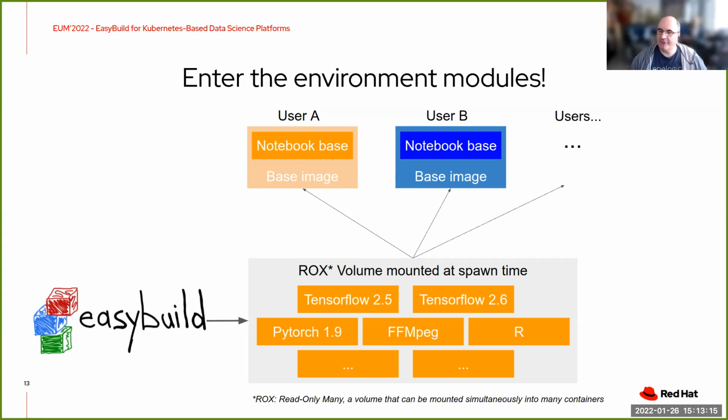Meaning if I want to start working with TensorFlow and then with PyTorch, I don't have to shut down my notebook and choose the new image that has PyTorch built in or do the pip installs and everything. I can fully dynamically load the modules as I need them, exactly like you are doing on your HPC installations.